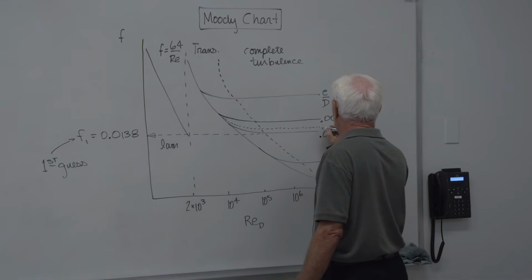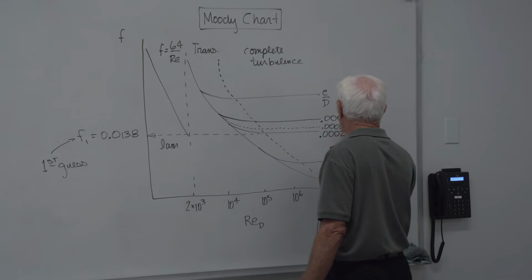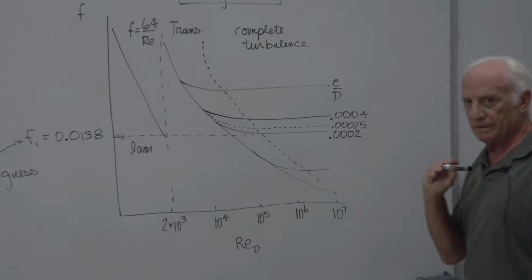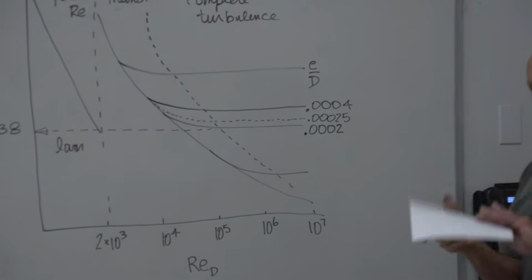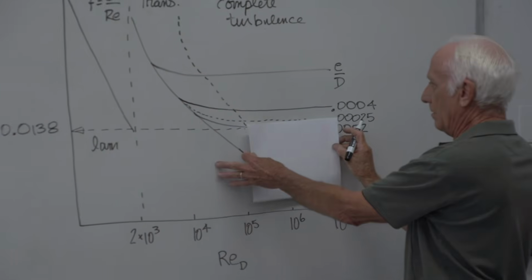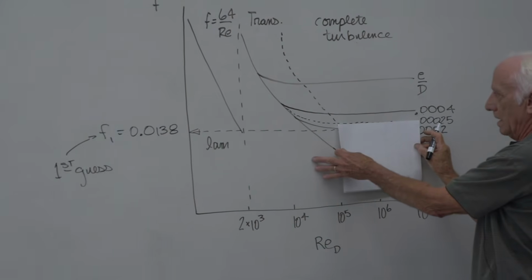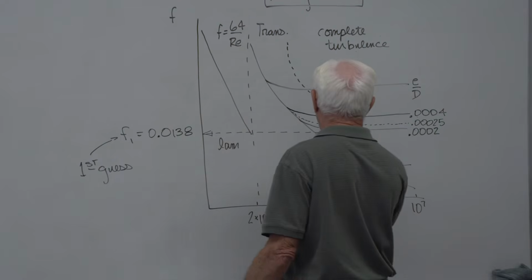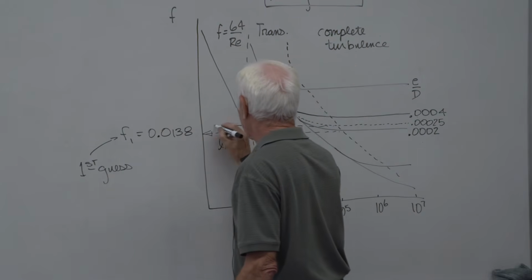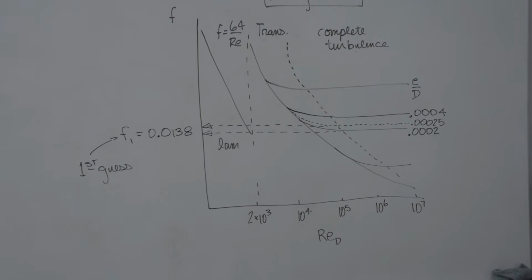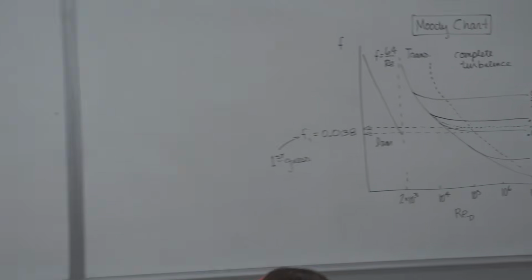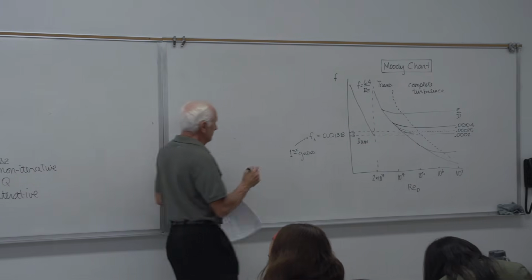And that line is 0.00025. I interpolate between 2 and 4. I take a ruler or a piece of paper, lay it on the Moody chart, and go across horizontally until I get my first guess for F1, 0.0142.